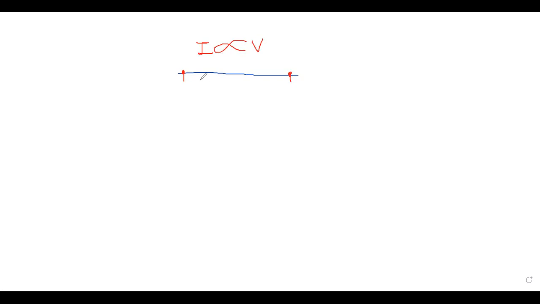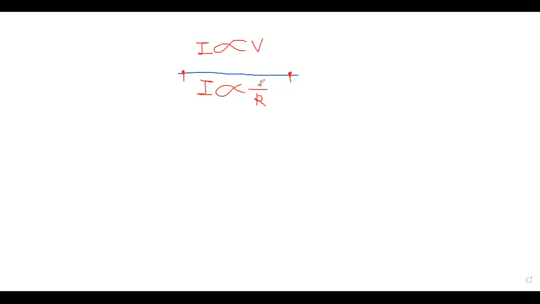But this current is also inversely proportional to the resistance of the conductor. So basically, this current is directly proportional to the voltage and inversely proportional to the resistance.